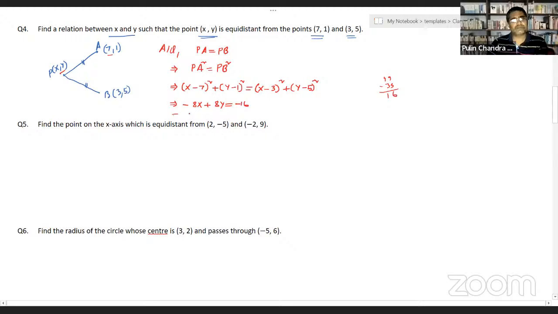So overall you cut the common factor -8. So your answer will come out to be this. So x minus y equal to 2 is the required relation, satisfied by x and y, right?